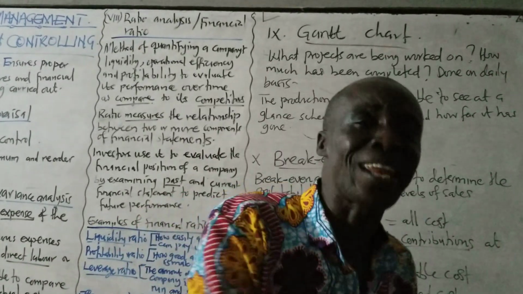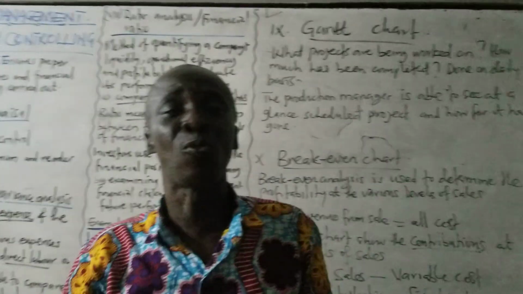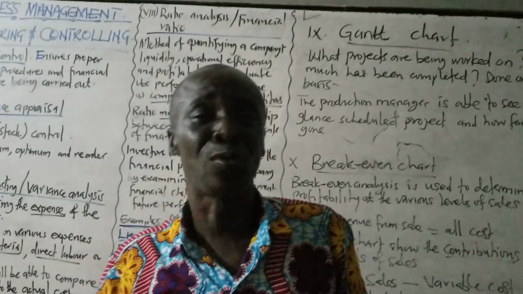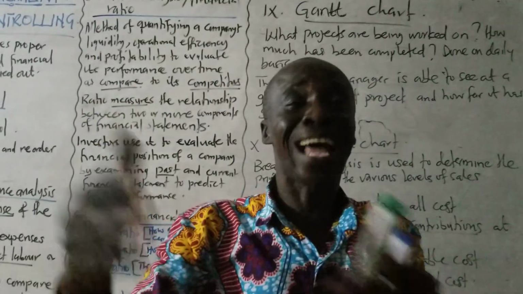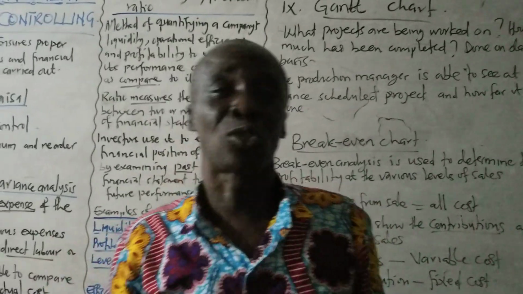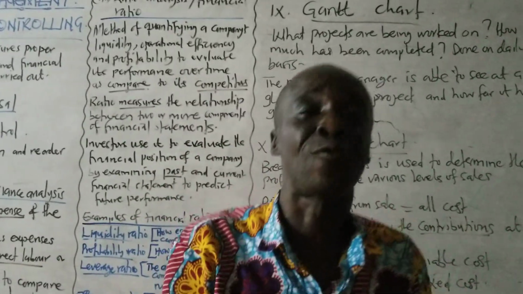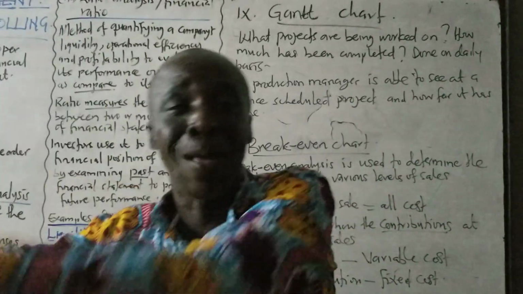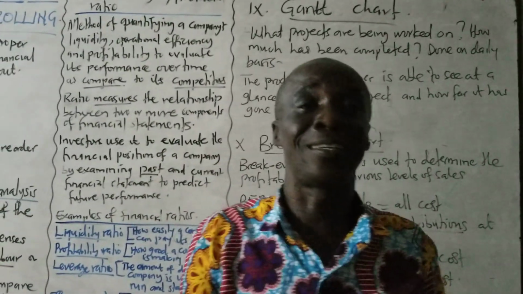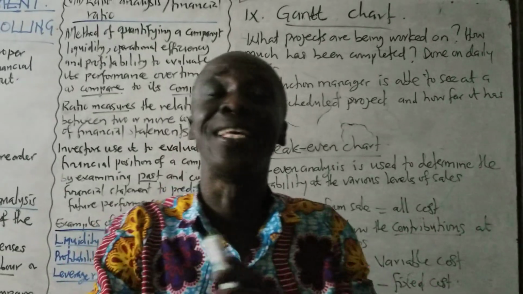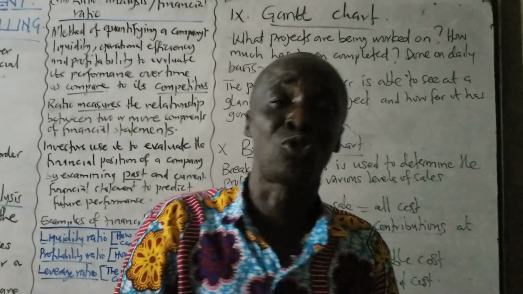And the amount of money involved in buying 10 reams will not be the same as if you are making less or more. So that is a variable cost because it changes with output. If you want to produce more, you have to buy more and you pay more. But there are some, like the typing, where you pay the same whether you are making 1 or 2 or whatever.